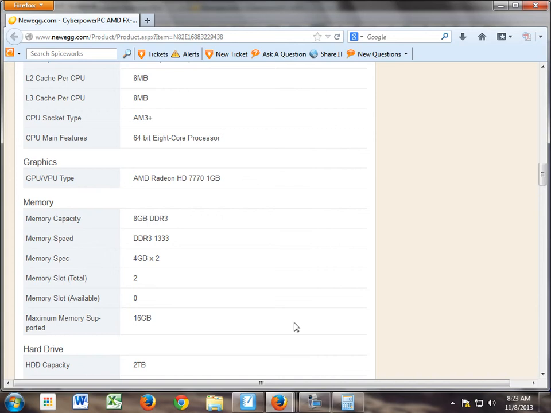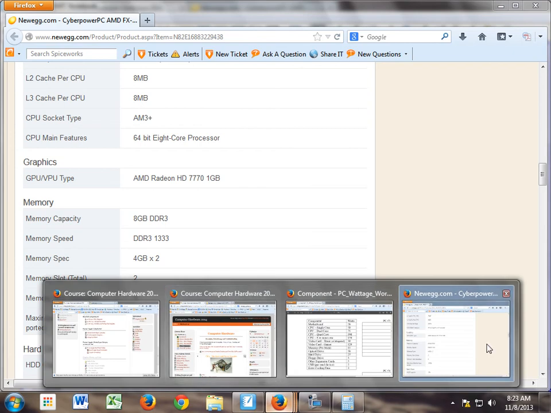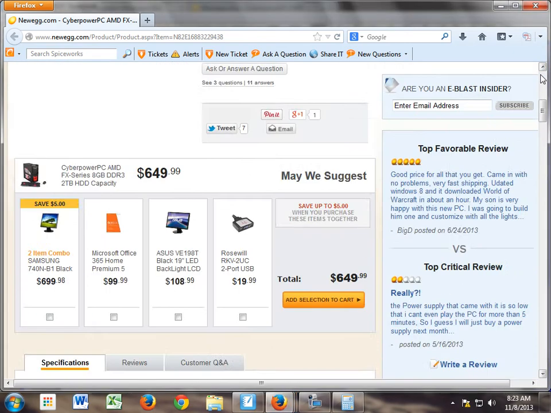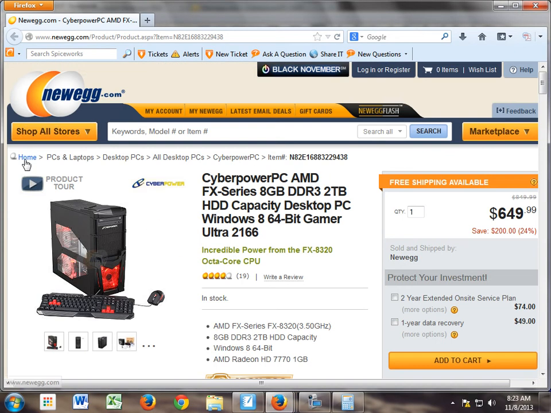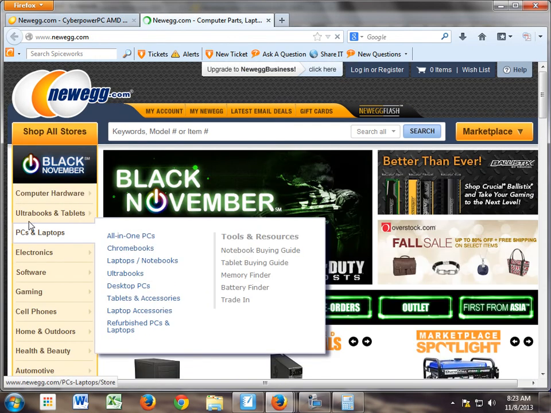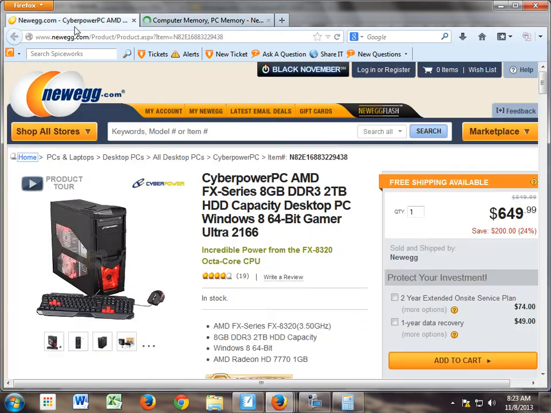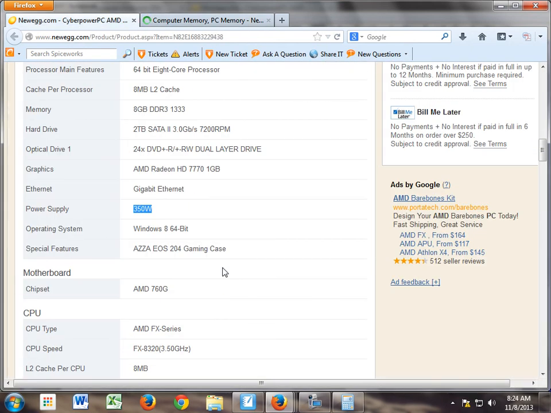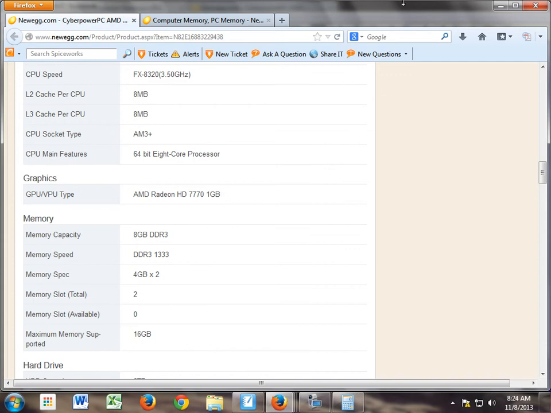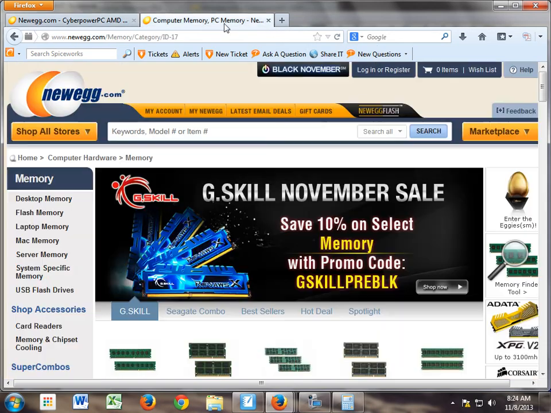How much is it going to cost me to make this system all it can be if I really wanted to do that, okay? So let's go ahead and figure that out while we're here. If I wanted to get this all the way up, I'm going to go to memory, and what kind of memory did it take? It takes DDR3, okay?